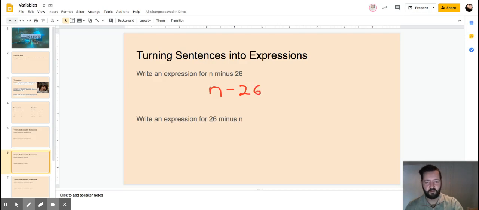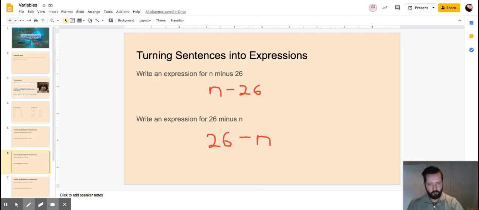All right, but just like I did with our first example, I have gone and rearranged the order of the numbers in the second example on this page. So this one says write an expression for 26 minus n. So this one will start with our amount of 26, and from this we are going to subtract an unknown number, 26 minus n.